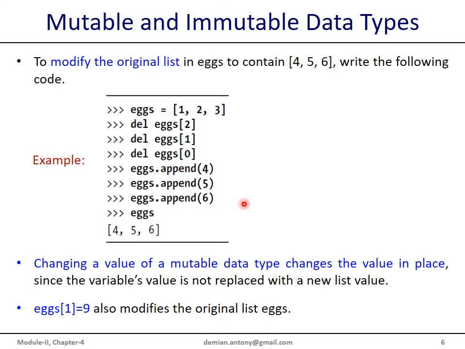Remember that changing a mutable data type always changes the value. You can also use this method wherein you can use the index operator along with the list name and the assignment statement to modify the original list directly without deleting and appending the list. This is another way of modifying the mutable type with index operator without using del statement or append or insert methods.